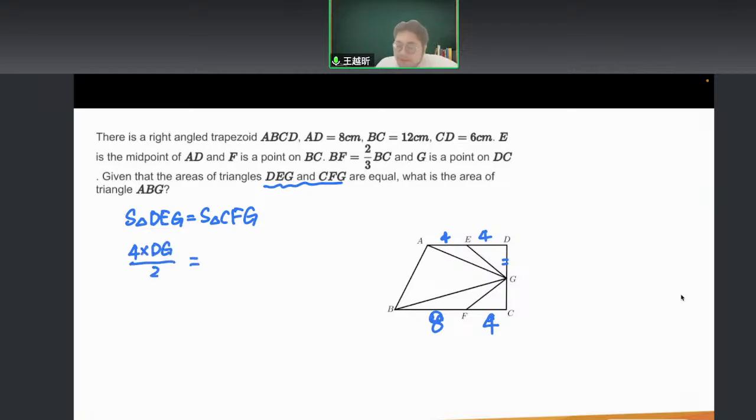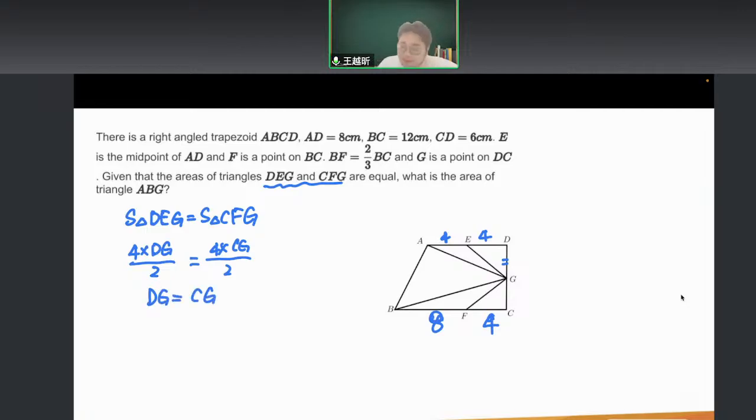So let's find out CFG. CFG actually is CF times CG divided by 2. Do we know CF? Yes, CF is 4, times CG divided by 2. From this equation, we know DG equals to CG.